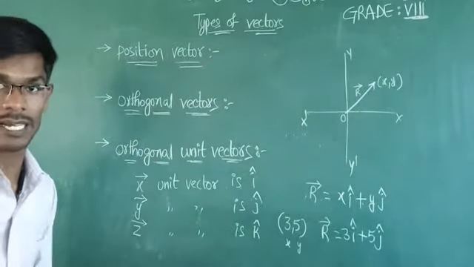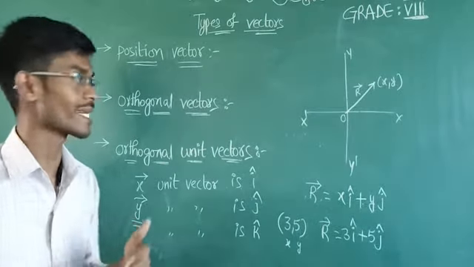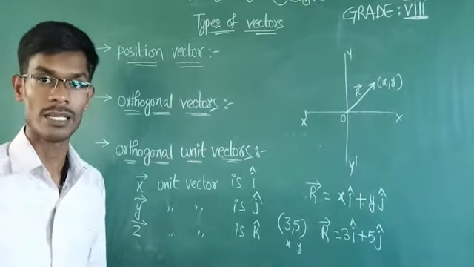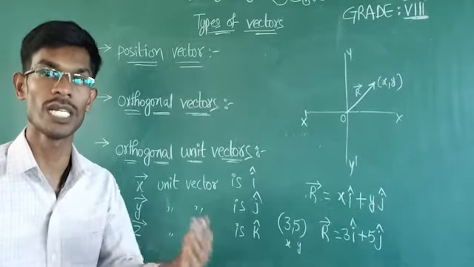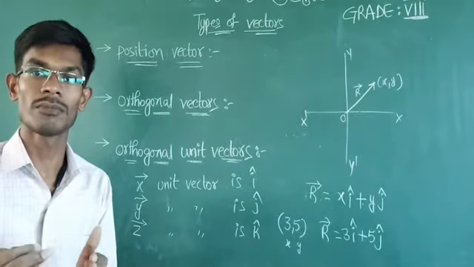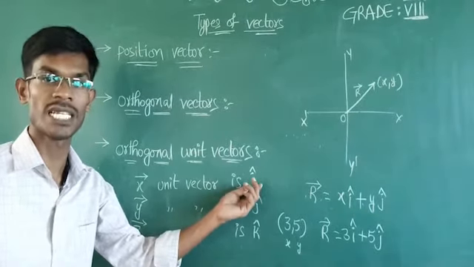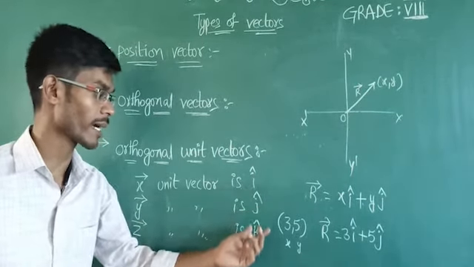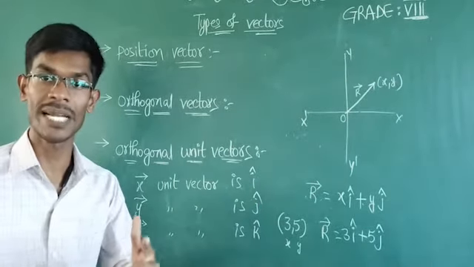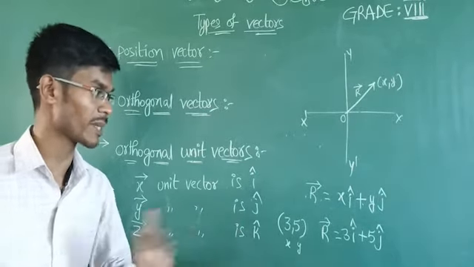And orthogonal vectors are the vectors which are mutually perpendicular to each other. And orthogonal unit vectors: along those mutually perpendicular vectors there will be some specific directions to represent, and those specific directions will be represented with the unit vectors i cap, j cap and k cap. As we have seen, cap is used to represent a unit vector. i cap is a unit vector, j cap is a unit vector, k cap is a unit vector.